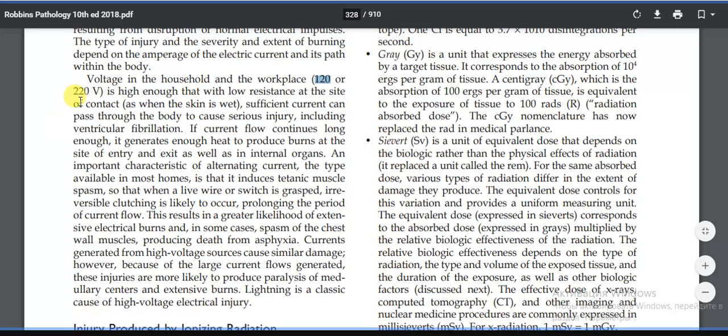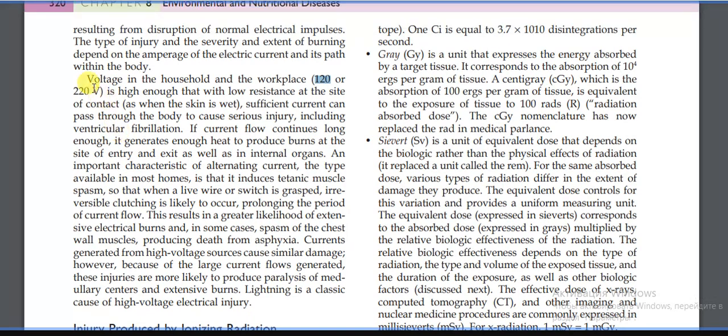In countries like ours, Kyrgyzstan and the former Soviet Union countries, and if I'm not mistaken, in Pakistan and India, it's 220 volts. This voltage is high enough that with low resistance at the site of contact, sufficient current can pass through the body to cause serious injury, including ventricular fibrillation.